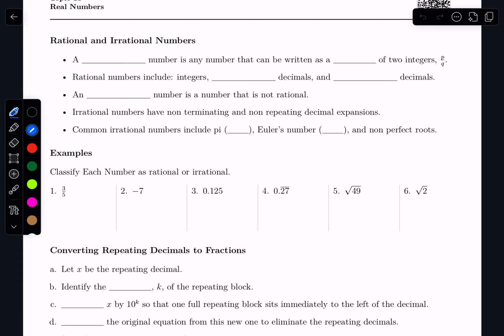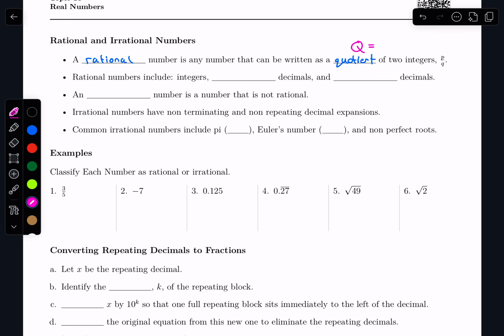So first thing we have is that a rational number is any number that can be written as a quotient of two integers. And generally we denote that quotient as P over Q. Now, because rational numbers are numbers that can be written as a quotient, their symbol is a Q. Now, in general, when we write these math symbols to represent big groups, we actually make them much fancier.